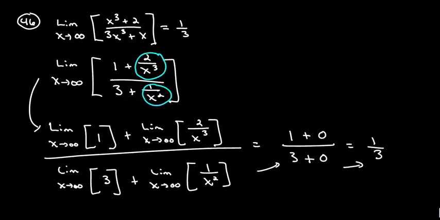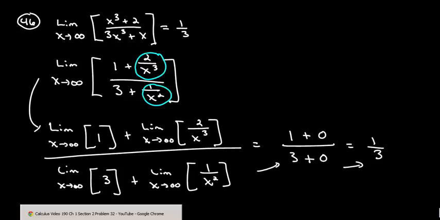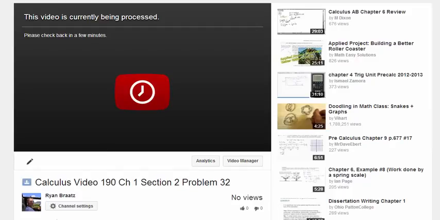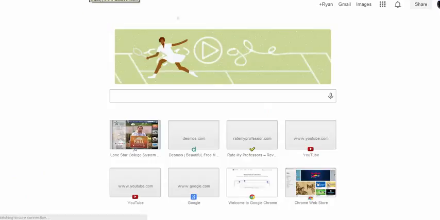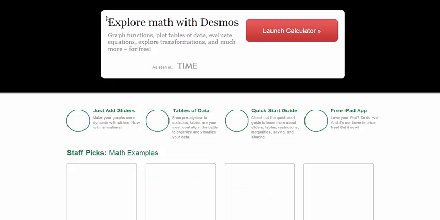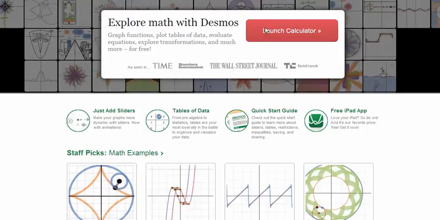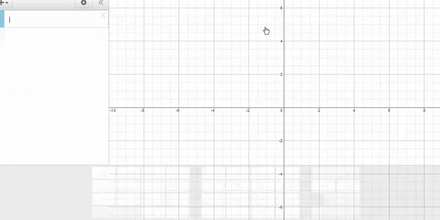Now another thing that you could do is look at the graph to verify this. So I'm going to pull up Desmos and show you. Now I know you won't be able to see the full screen here because I've got it pieced in.